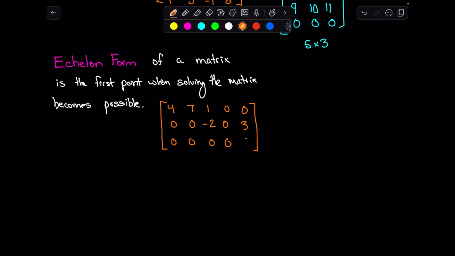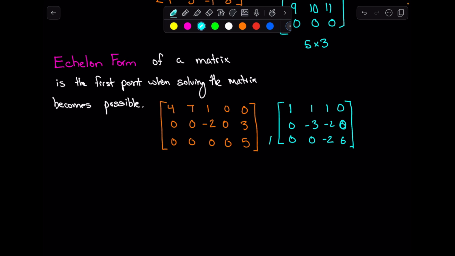But something like this is in echelon form. Let's see, something like 1, 1, 1, 0, 0, -3, -2, 0, and 0, 0, -2, 6.